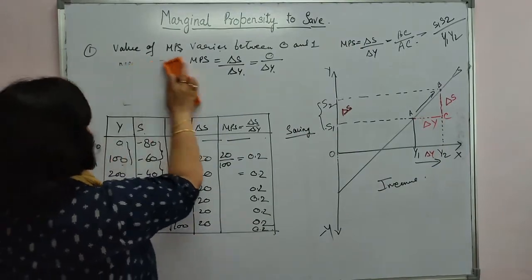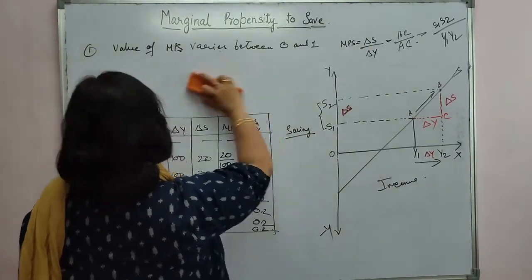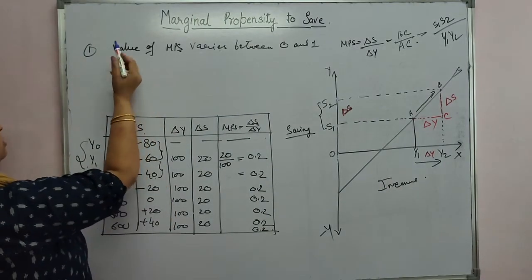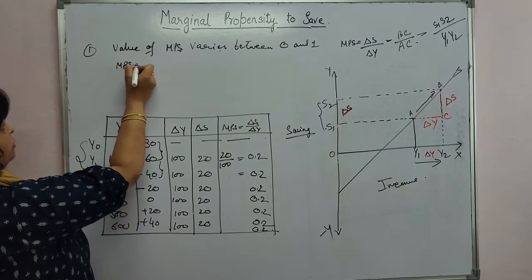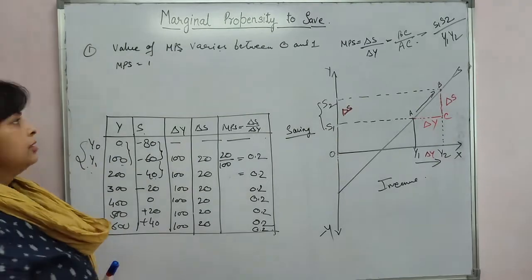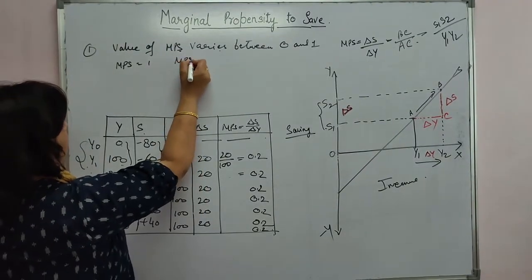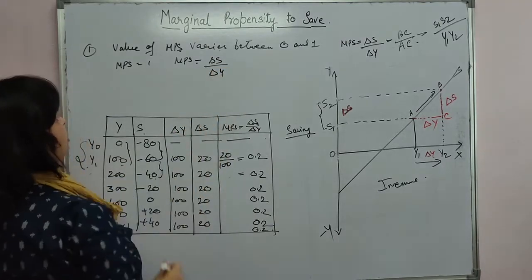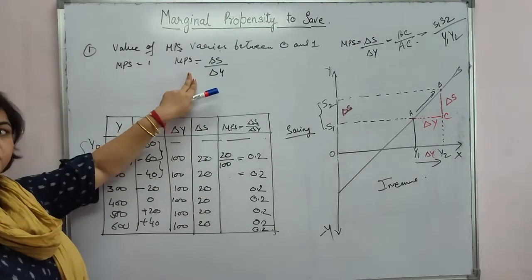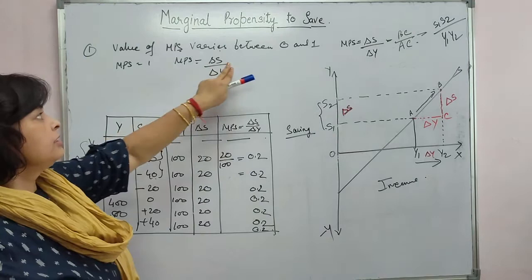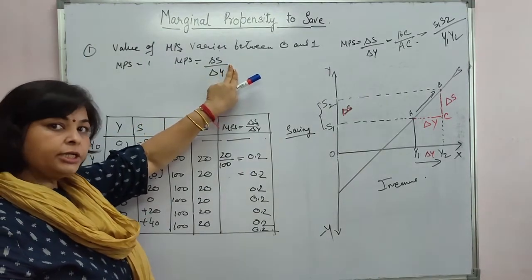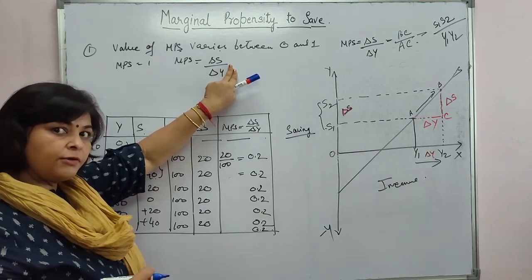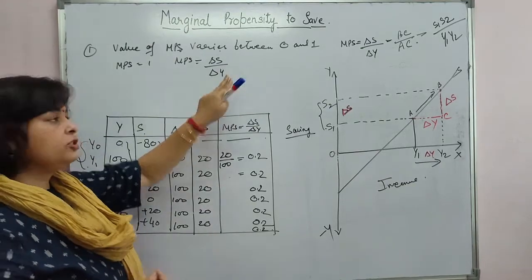The second case is MPS is equal to 1. I will again write the formula, MPS is equal to delta S upon delta Y. Now, the value of MPS will be 1 when the value of numerator and denominator, that is delta S and delta Y, are equal to each other.